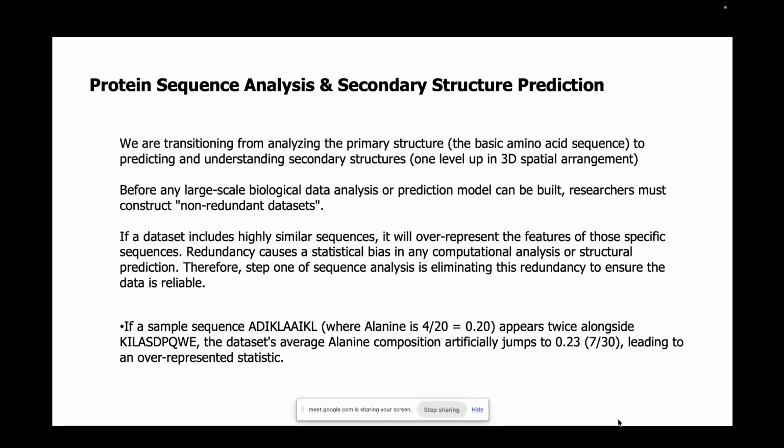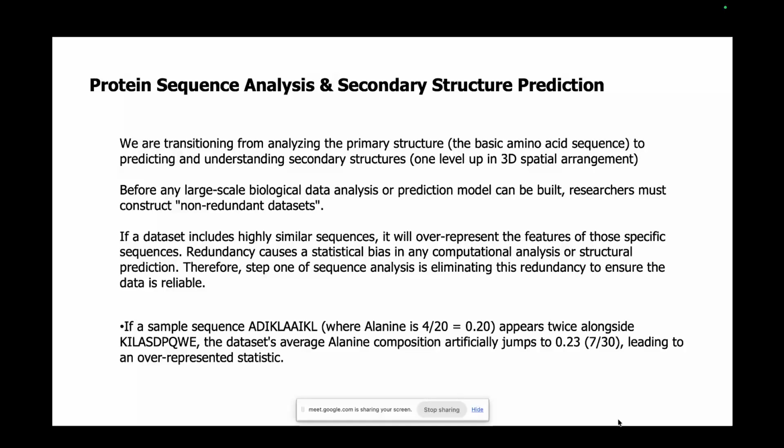If you have a particular protein sequence of amino acids and another set of proteins are very similar to that sequence, you do not use those. You use a non-redundant set which does not have multiple copies in your database. The idea is that you reduce statistical bias in any computational analysis or structural prediction.